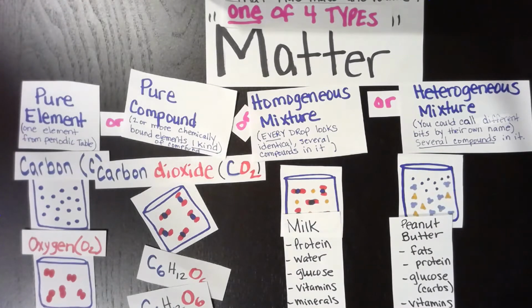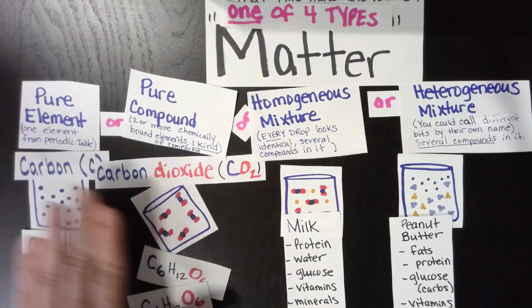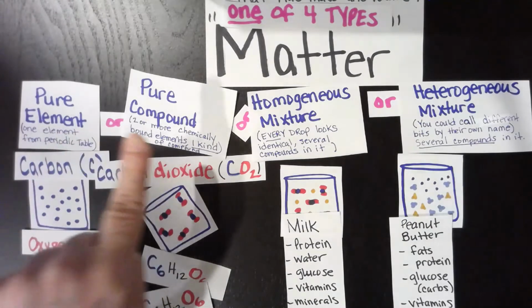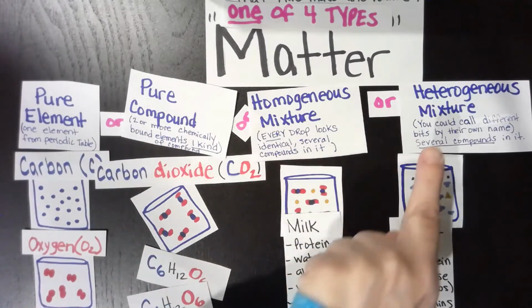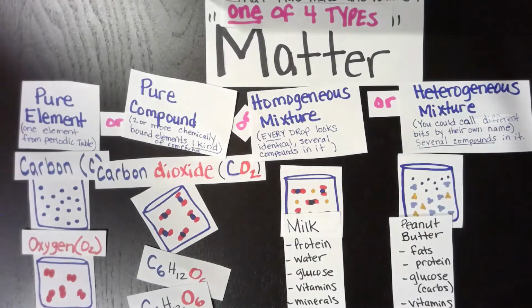Now, one of the things that seems to confuse people is when we start to talk about the examples. So I'm going to give you a few examples here one more time of the different types of pure element, pure compound, homogeneous mixture, or heterogeneous mixture. You cannot be a little bit of one and a little bit of the other. You have to pick.